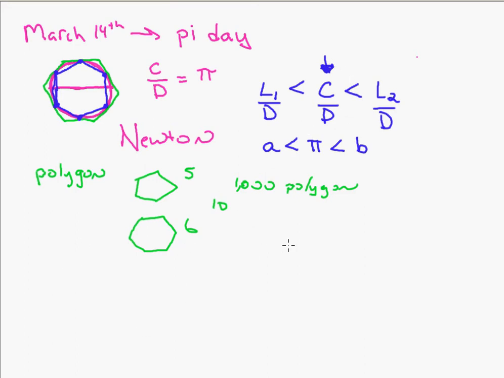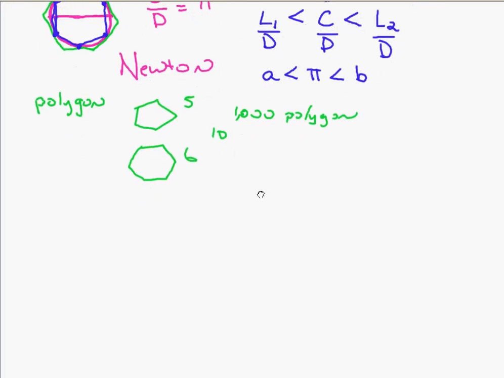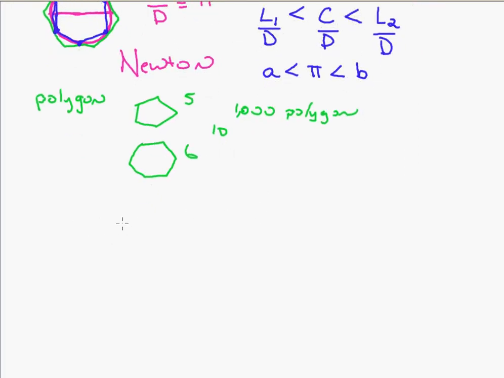So real quick, let's try this with the simplest polygon that I know how to do this with, and that would be a square. So we're going to take our circle, that's a circle, and we're going to put the square on the outside of the circle. And by the way, this is going to be a really terrible approximation of pi.